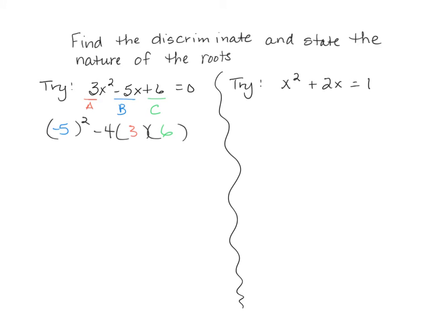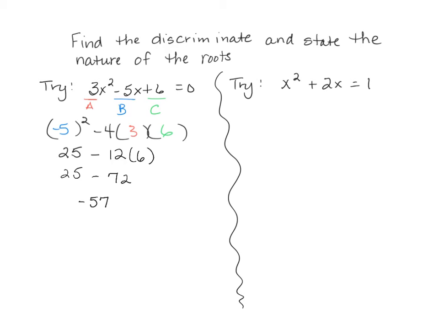So my a is 3, my c is 6. When I do this, negative 5 squared is 25 minus, and I'm going to do this in parts because I don't have a calculator on me, 12 times 6. So this is 25 minus 72, and 25 minus 72 is going to give me negative 57.